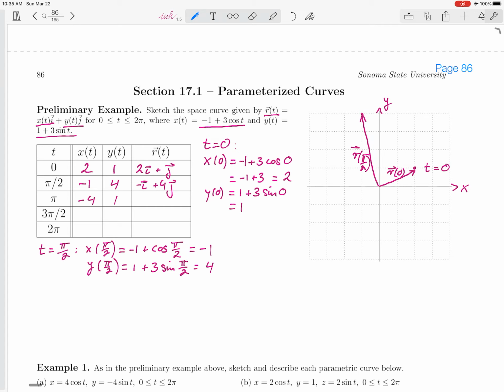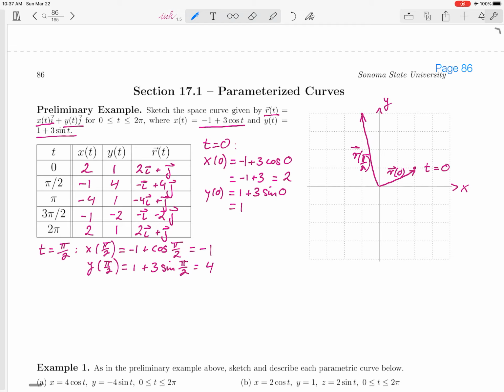I'm going to fill in the rest of the table. Okay, so for pi, our vector is minus 2i plus j. For 3 pi over 2, we get minus i minus 2j. And for 2 pi, we have 2i plus j.